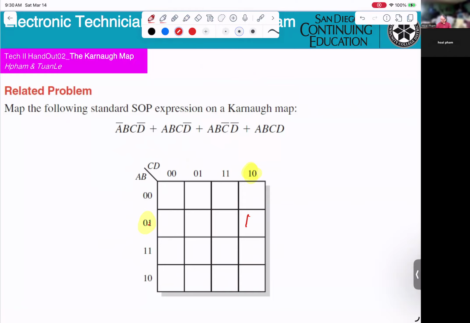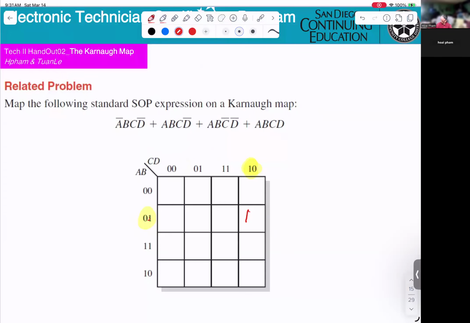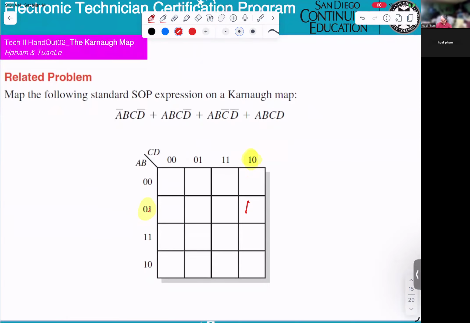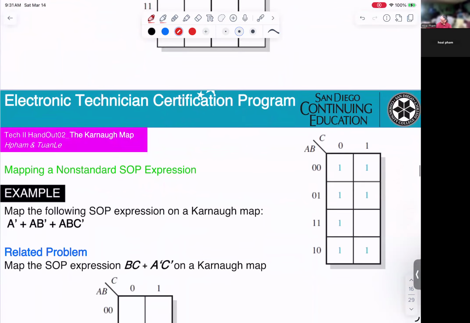And you can keep mapping a 1 for each product. But normally, if you are learning more at university or engineering level, that is different. We, as technicians, try to understand basically three variables instead of four.